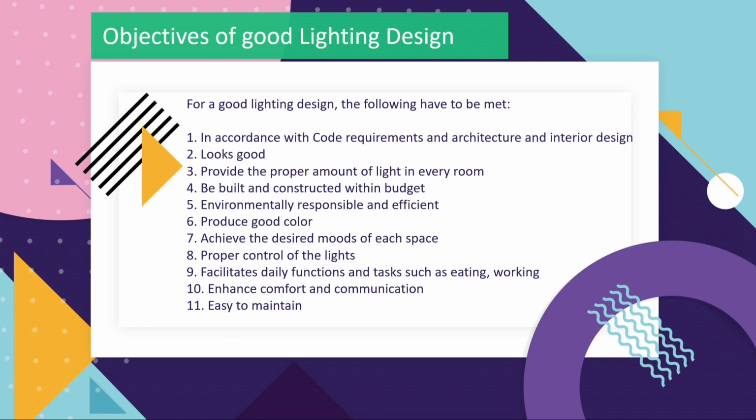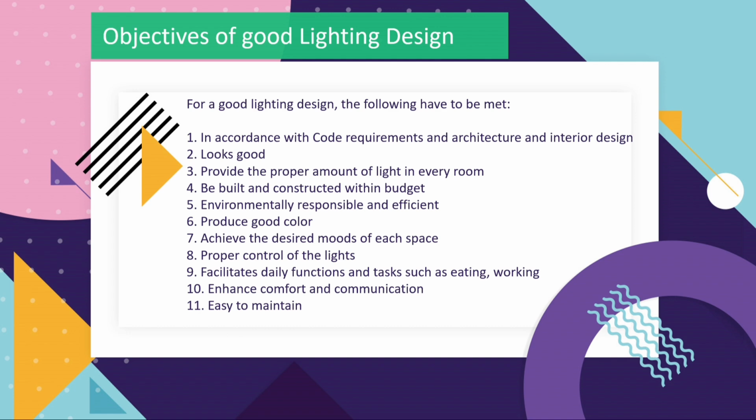Lastly, it needs to be easy to maintain. To create a lighting design that is easy to maintain, focus on selecting durable fixtures, using energy efficient LED technology, and designing for accessibility and simplicity.